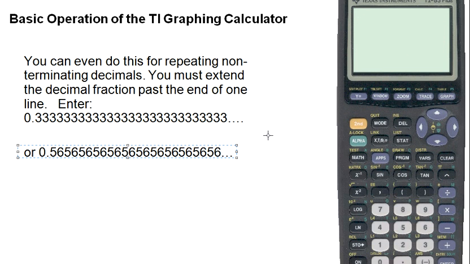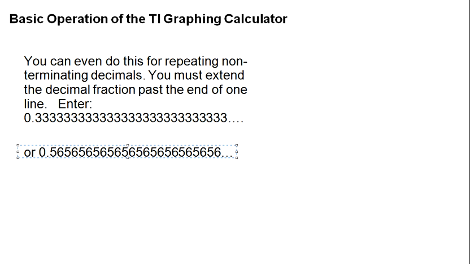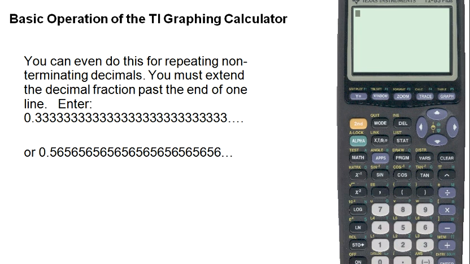You can even do this for repeating non-terminating decimals. You must extend the decimal fraction past the end of one line on the calculator. For instance, if we want to enter 0.333, the non-terminating decimal, we'll just put a whole lot of 3's there.